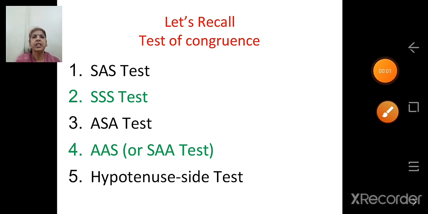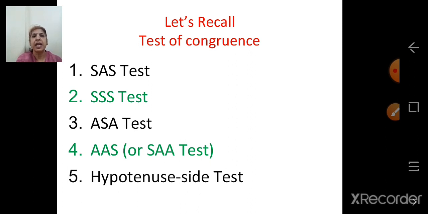These are the different tests of congruency. First one, SAS test, side angle side test, that is the two sides and the included angle. Next one is SSS test, that is side side side test.